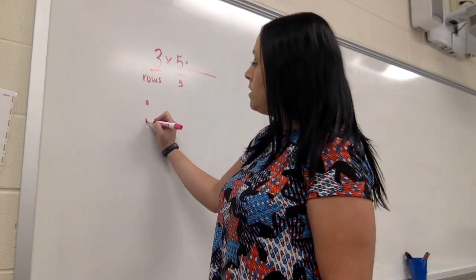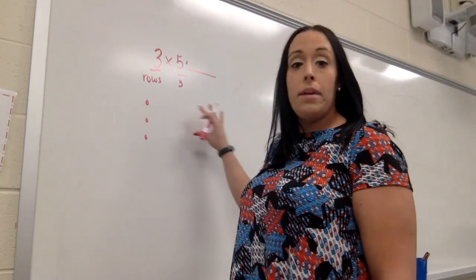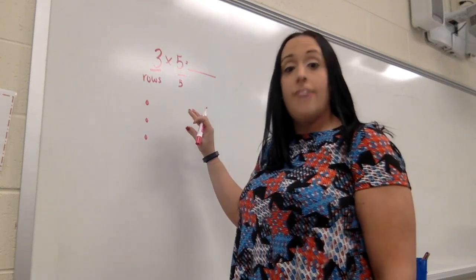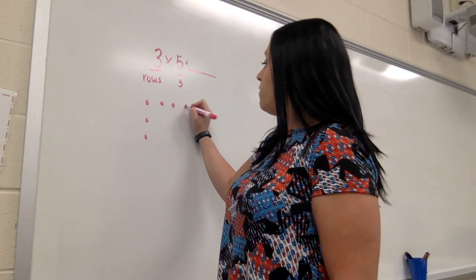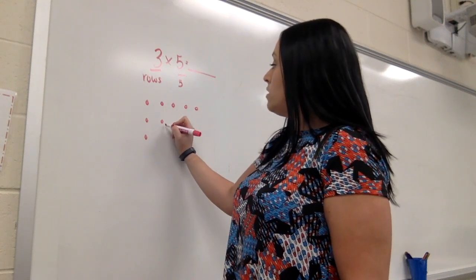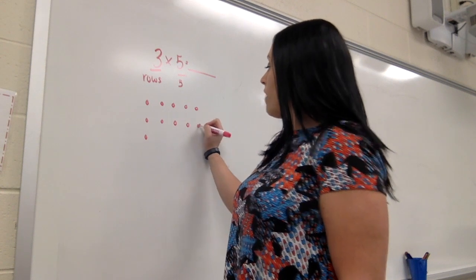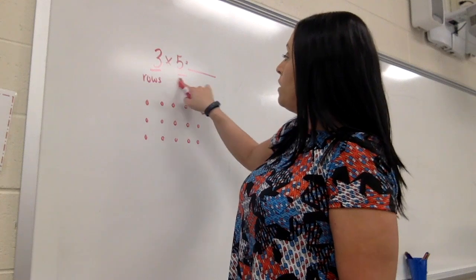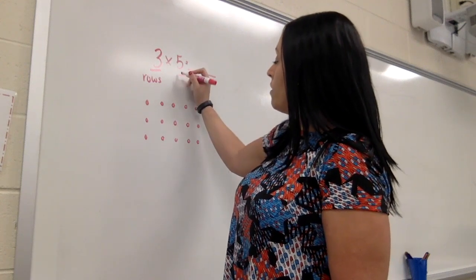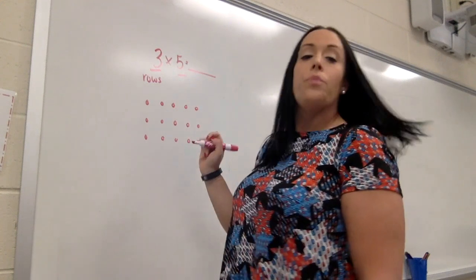So 1, 2, your 3 rows, and you want to make sure that there is a total of 5 circles in each row. 1, 2, 3, 4, 5, 1, 2, 3, 4, 5, 1, 2, 3, 4, 5. 3 rows with 5 in each row.